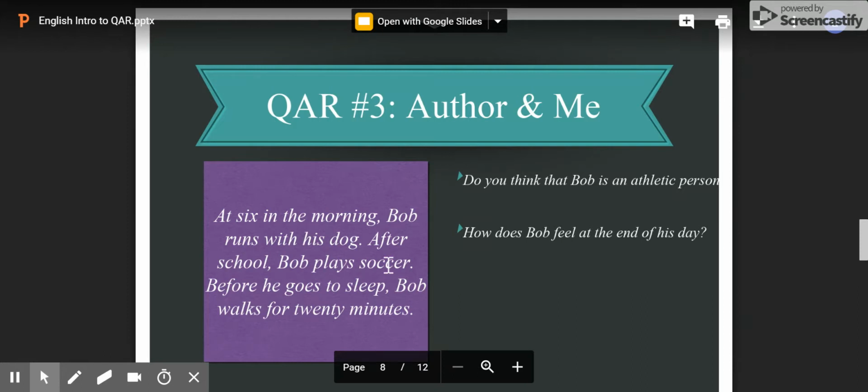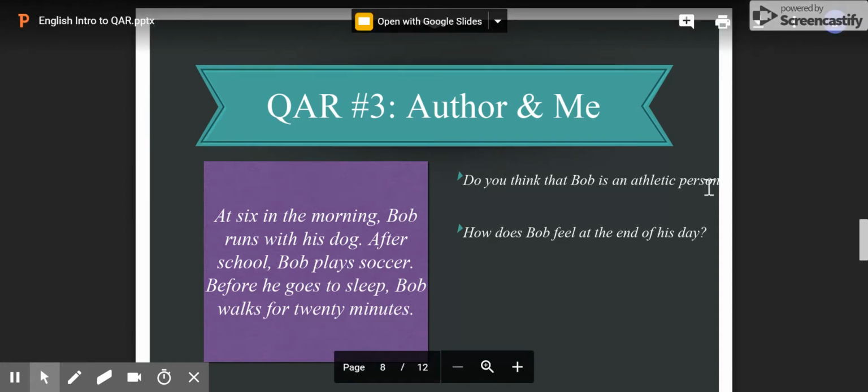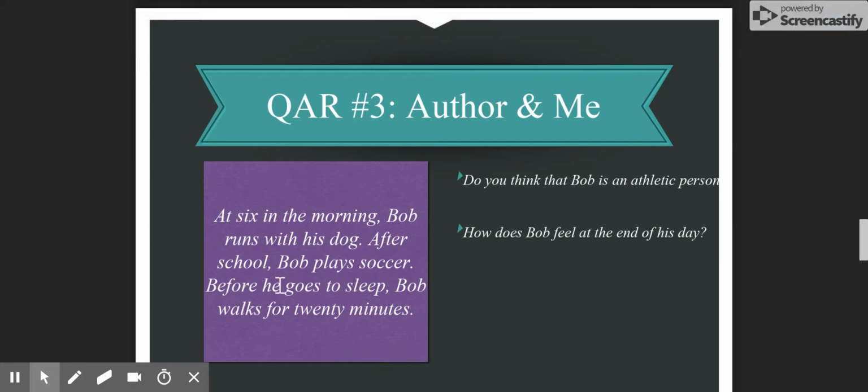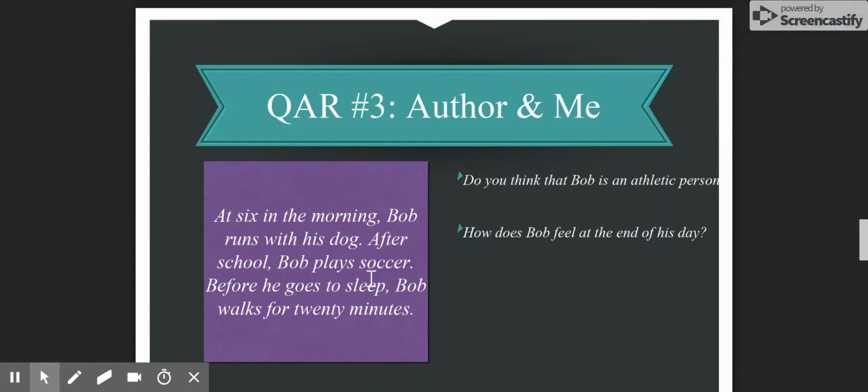All right, same passage as before, and two examples of an author and me question. The first question says, do you think Bob is an athletic person? So even though there's not necessarily a right or wrong answer here, in this case, we can use evidence to support why we think Bob is athletic or not. But it never says in the text that Bob is athletic or Bob is not athletic.